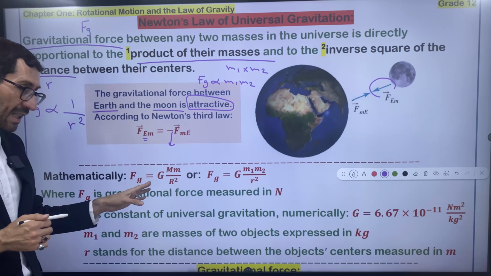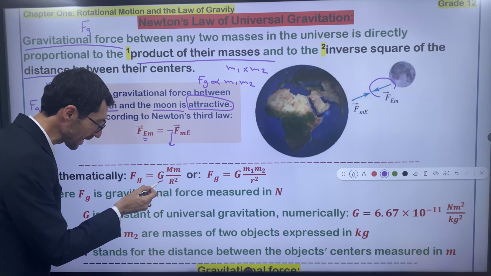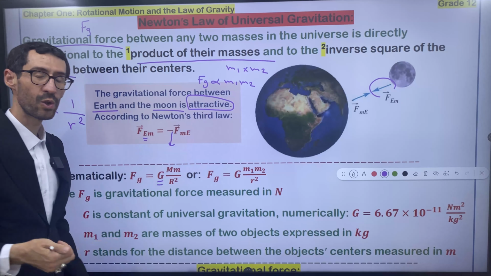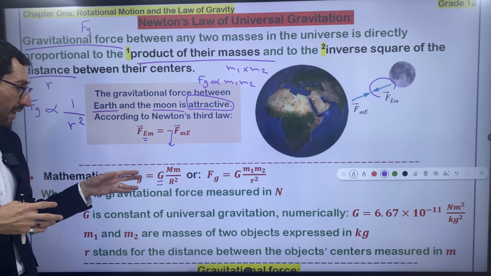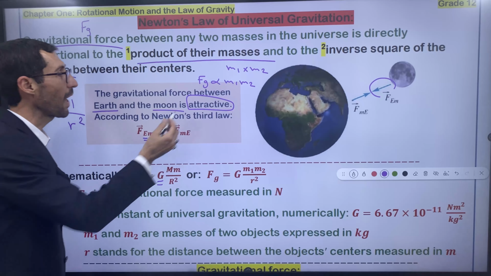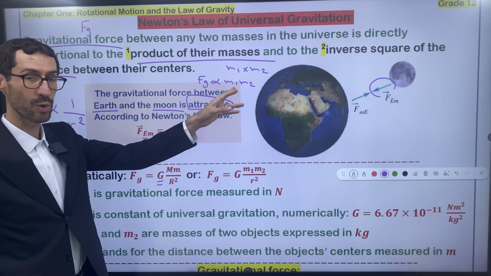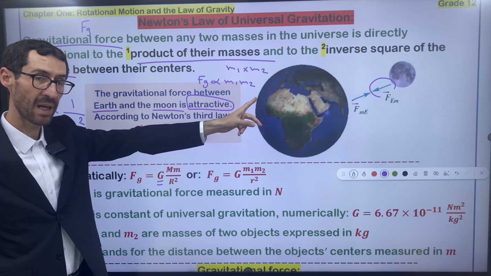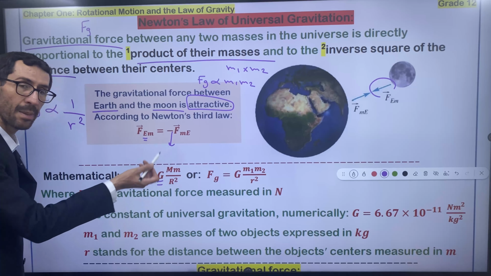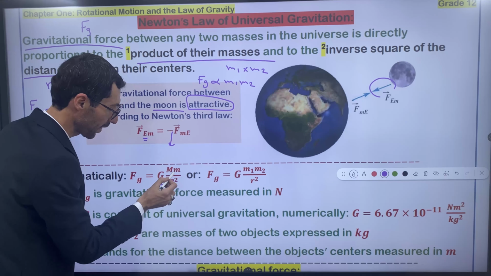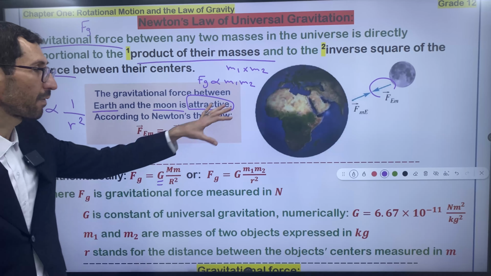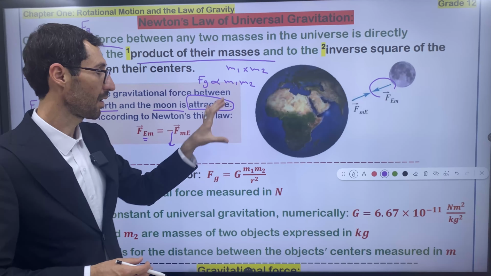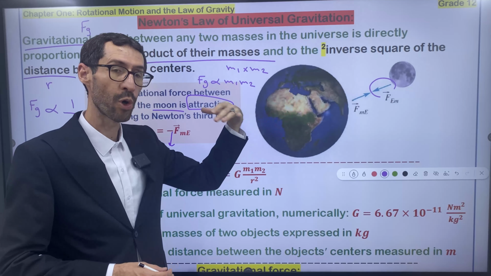Mathematically, I can say Fg is equal to G capital, which is the constant. Whenever we want to find a rule for gravitational force, we have to mix these relationships. The first one: Fg is directly proportional to m1 multiplied by m2, or M capital, m small. Either is fine, especially when dealing with planets, because one planet is more massive than the other.